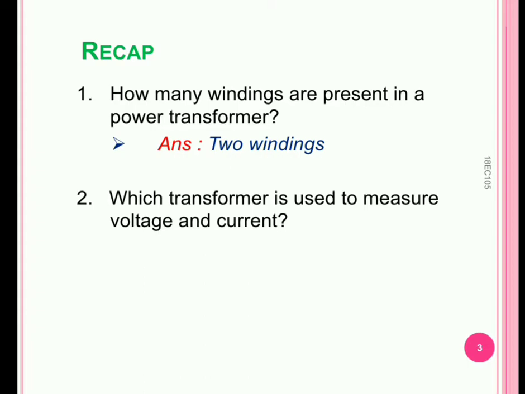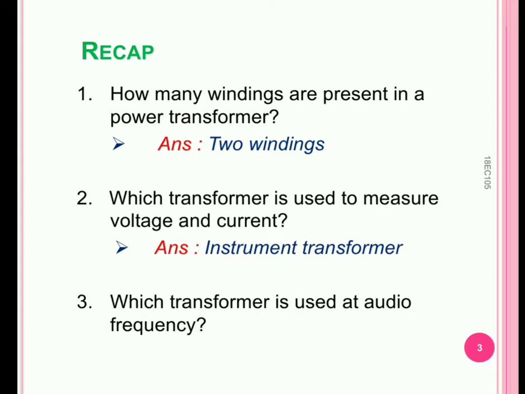Then which term is used to measure voltage and current? It's an instrument transformer that we use to measure the voltage or the current. Then which term is used at audio frequency? Actually it has to be an AF transformer.